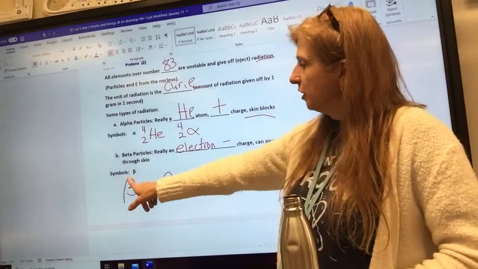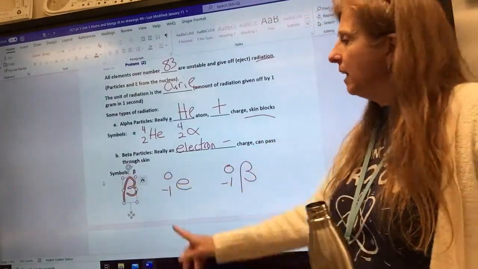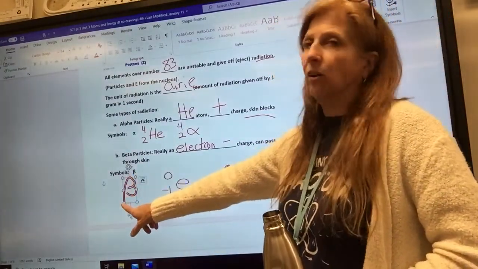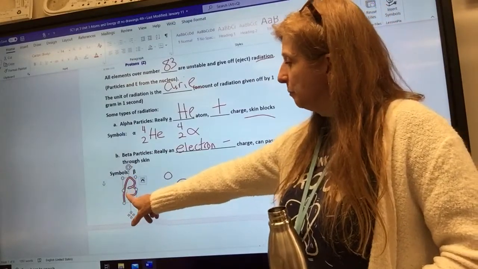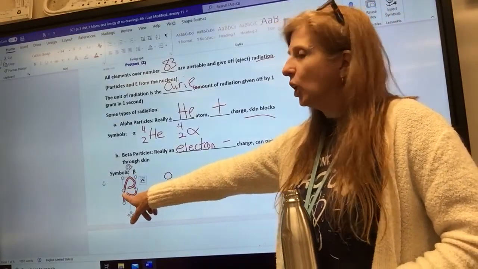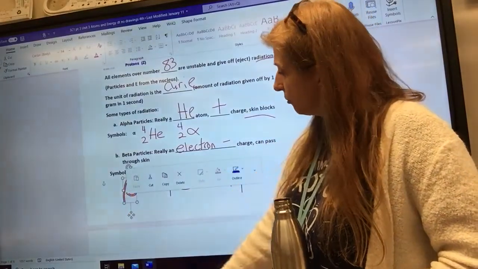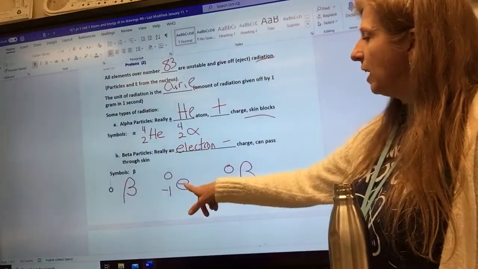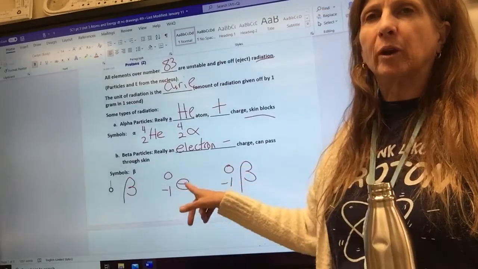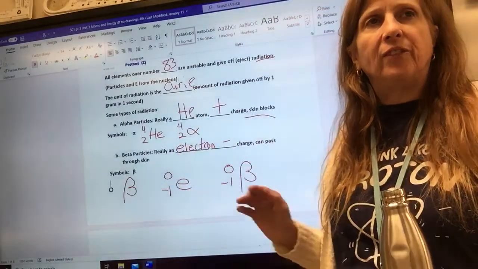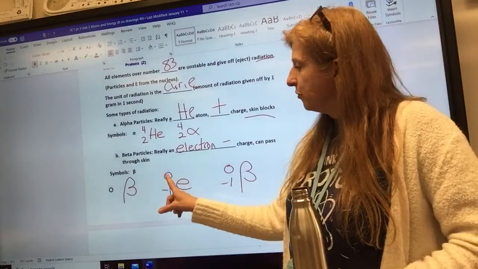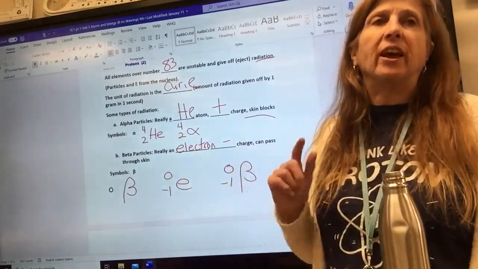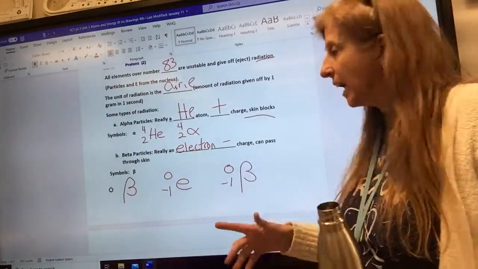Okay? So the symbol is the Greek letter beta. It's like a capital B with a tail. And sometimes the B is not closed. It gets close, but there is a little gap right there. Sometimes it's written like how we wrote elements in our PhET interactive lab. 0 right there because electrons have no mass. They're kind of like light.